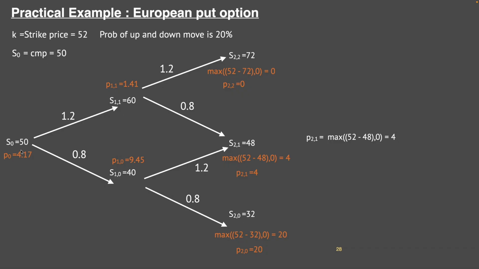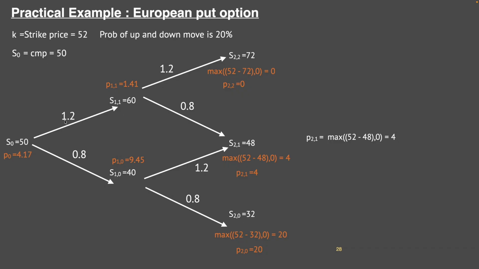Now what will be the value of these options at various node levels? Let us understand. If the value moves up by 20%, because we have considered in the binomial theory that it will move in discrete steps. The steps considered here are a 20% up move or a 20% down move.